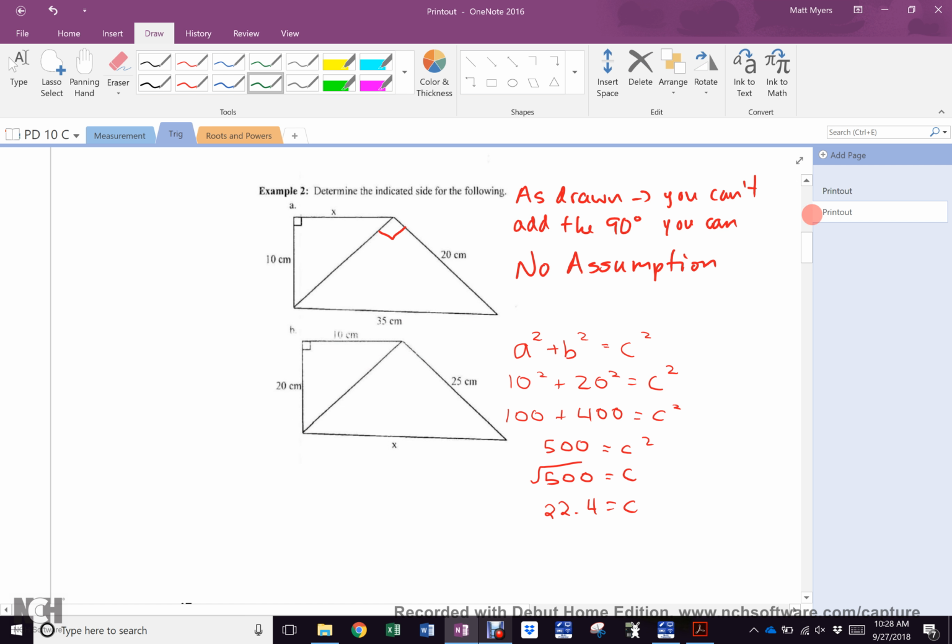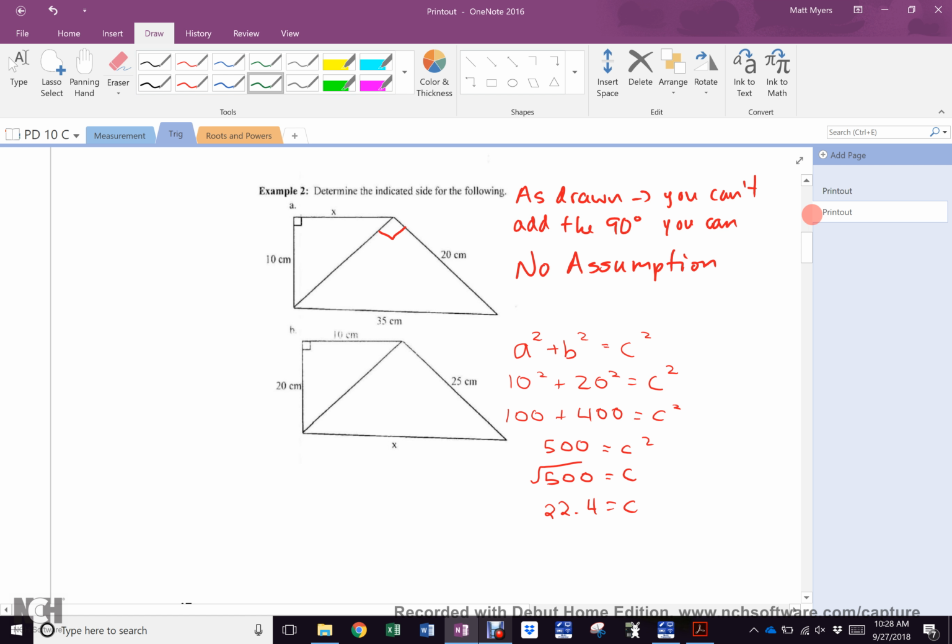Okay, stop. Is everybody good? When and only when can I use Pythagoras? When you know and can prove that it is a 90 degree triangle.